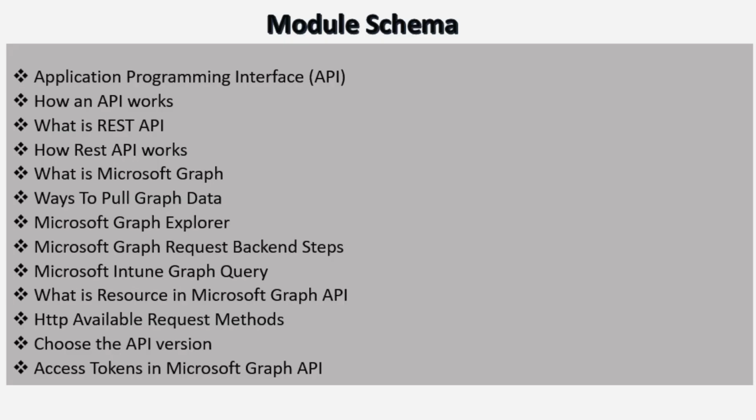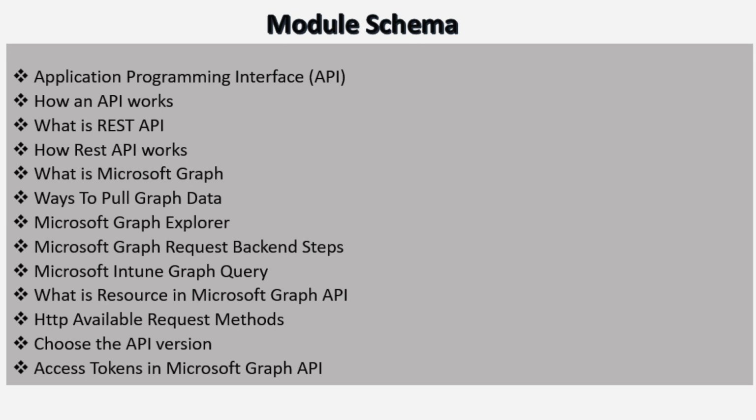So in this module, we will be covering several topics related to application programming interface or APIs, and especially focusing on the Microsoft Intune Graph API and how to use the Graph Explorer tool. I will start by discussing the basics of API and how they work.